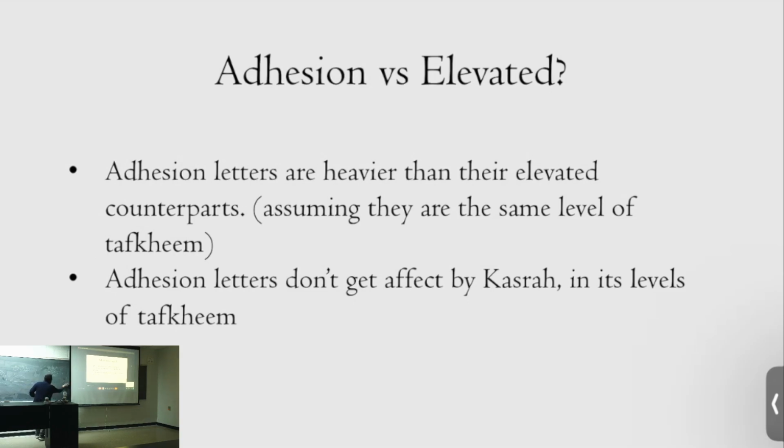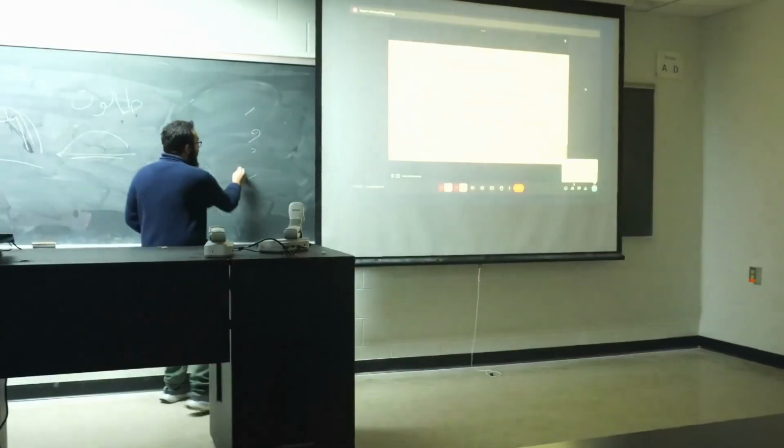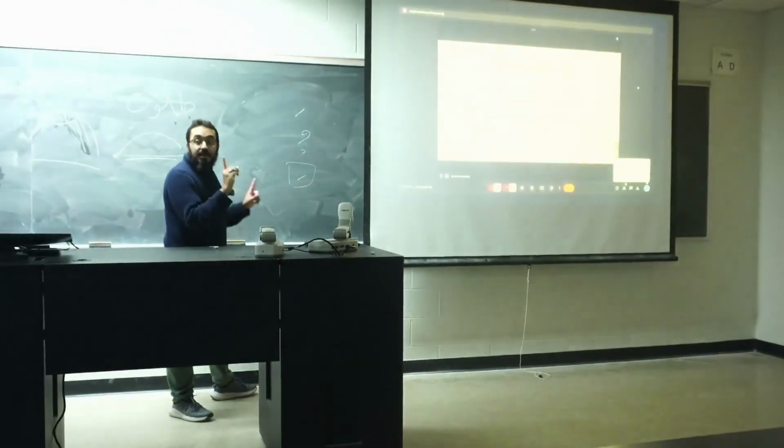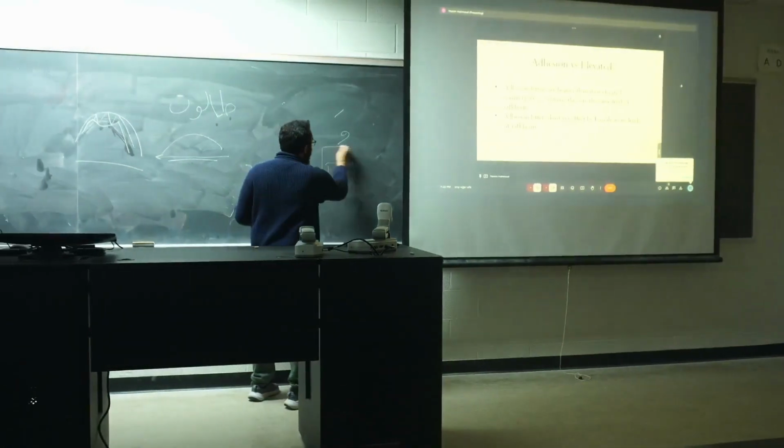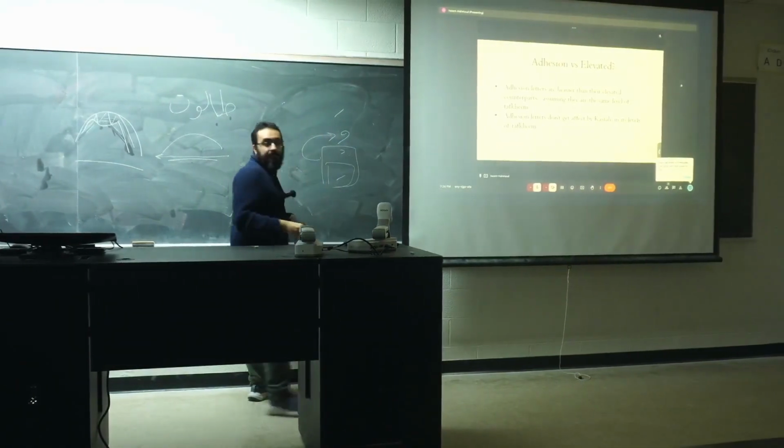So, what did we say the levels were? We said the levels are fatha, and then dhamma, and then sukoon, and then kasra, in the second madhab. Kasra does not get affected in the book. My sheikh said, these two just go up here.